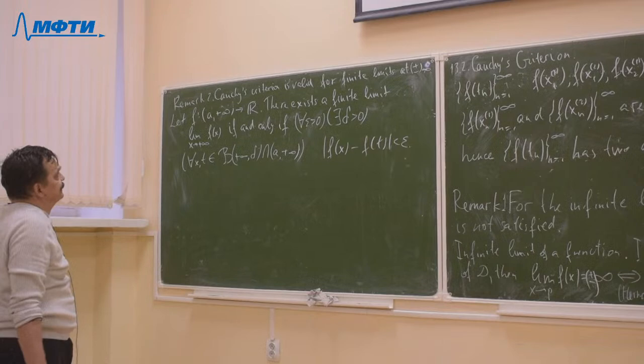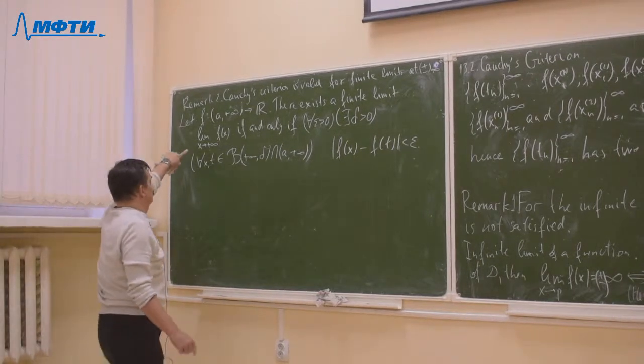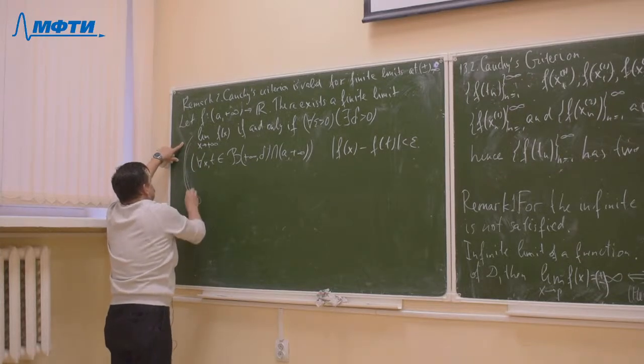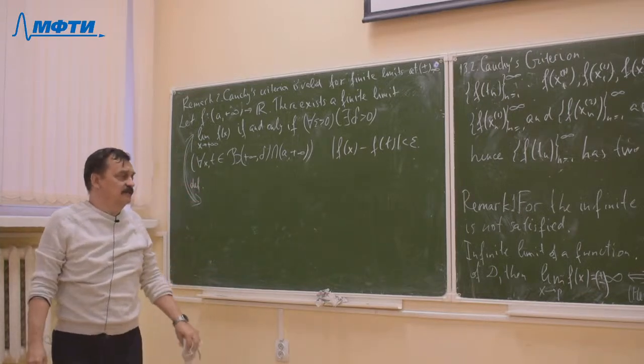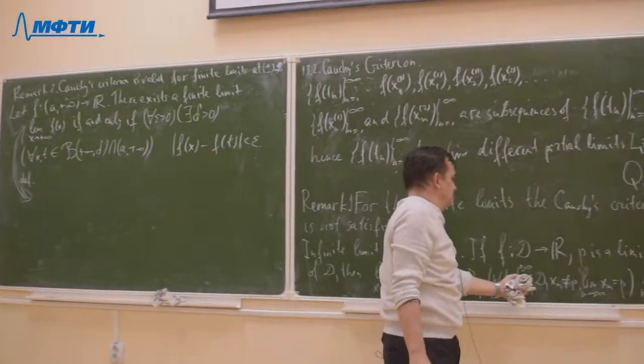And what does this limit mean? The definition of that limit: Heine limit is clear, right?